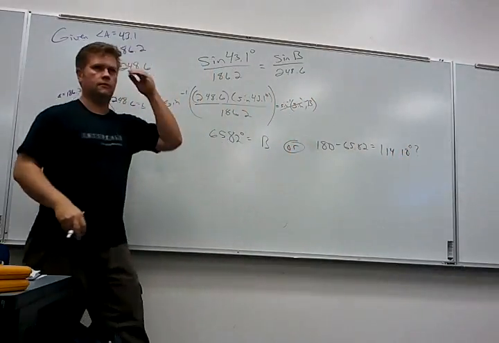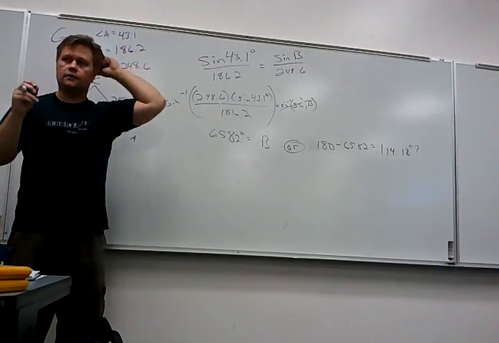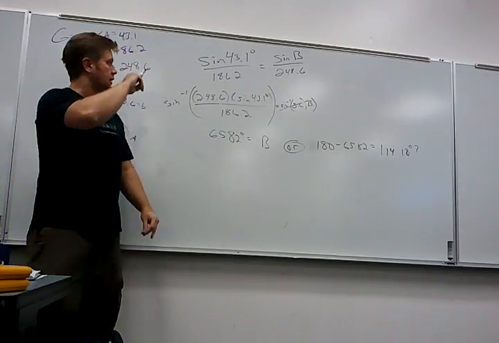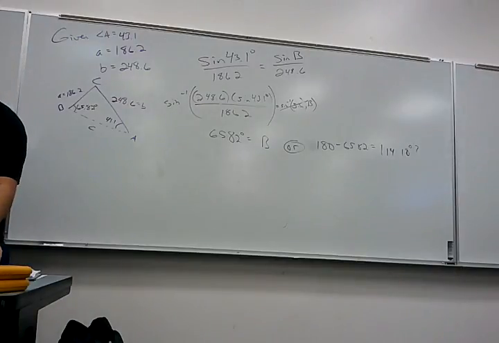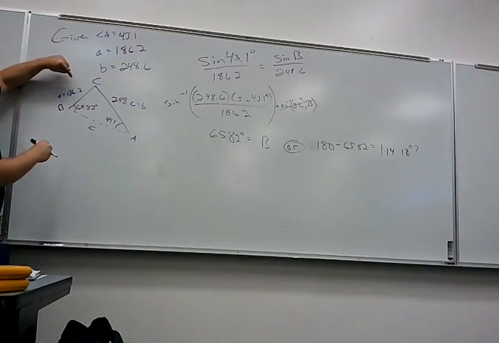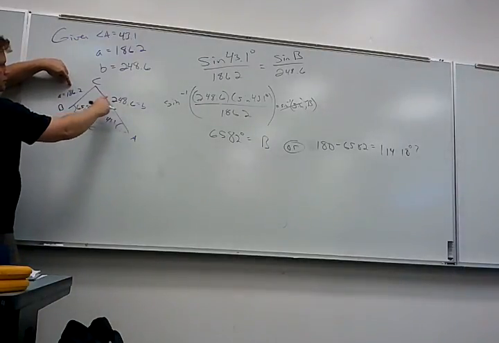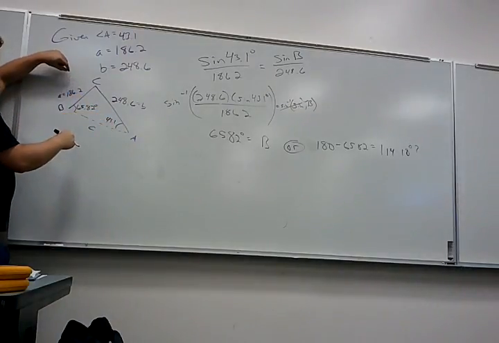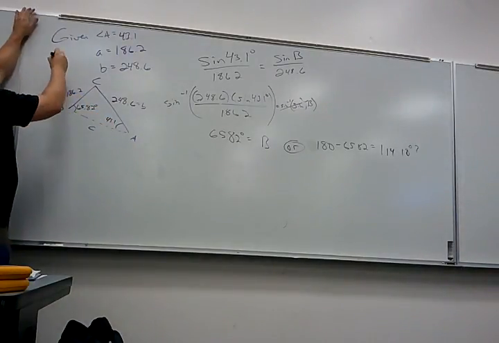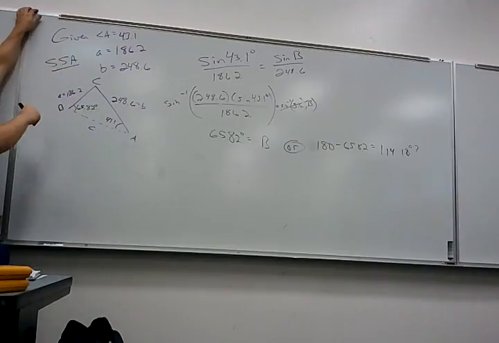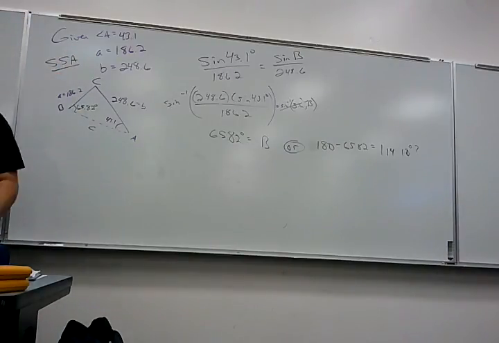The only time that this could happen is in this case. What did they give me originally? They gave me a side and an angle. So it's the side-angle case that could lead us to this or that.